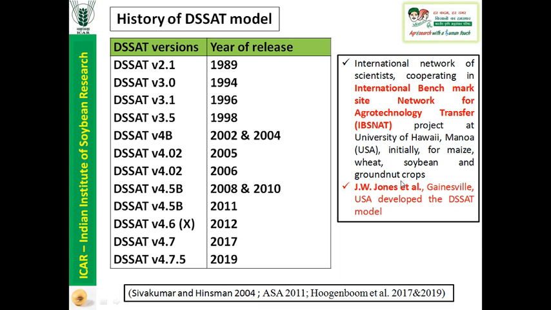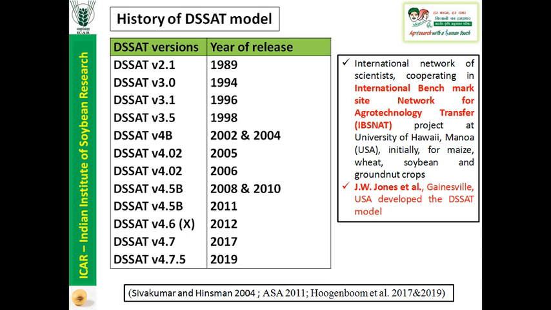These individual models, programs, or software had their own soil, crop, and management, as well as weather components. The major difficulties observed by many researchers throughout the world were compatibility and maintenance issues, and also the addition of new crops to the existing ones. So this led to the creation of the DSSAT model.